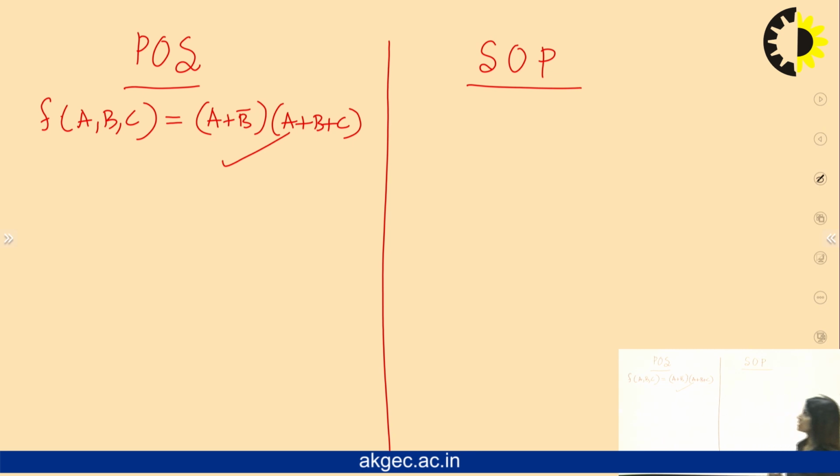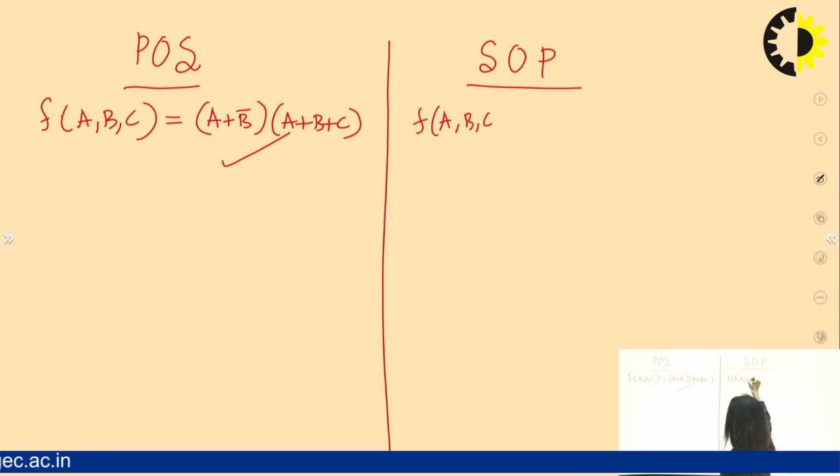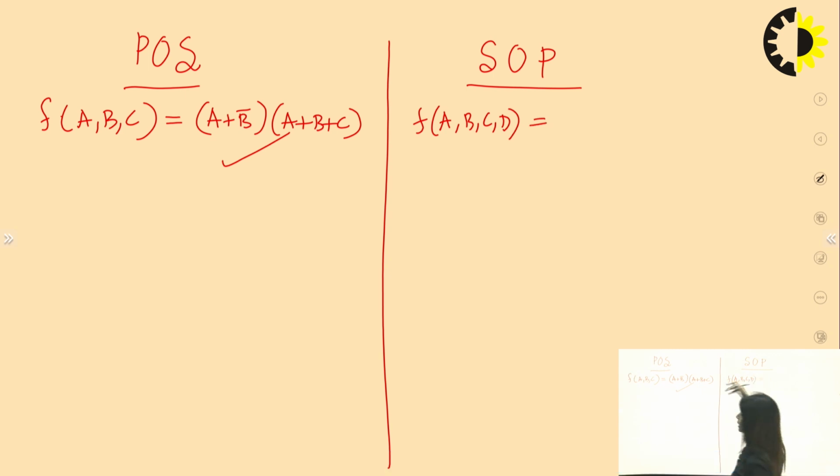Okay, this is the product of sum form, and I can take any 4 variable function. Let's say there are 4 variables f, a, b, c, d, and I am writing one sum of product.